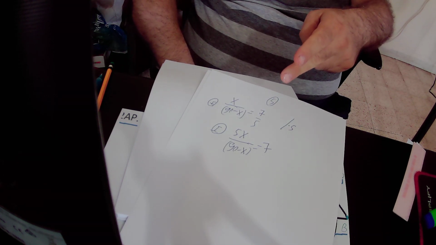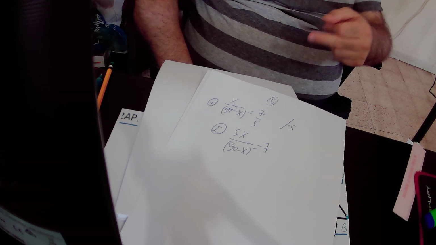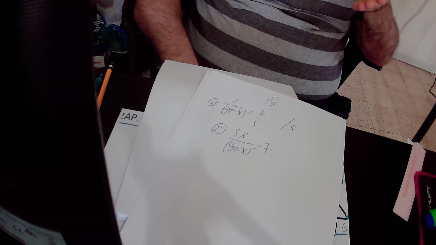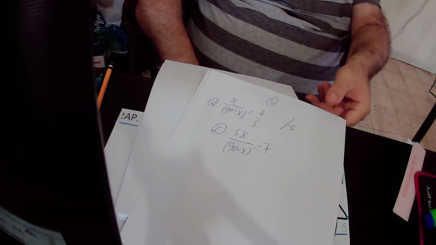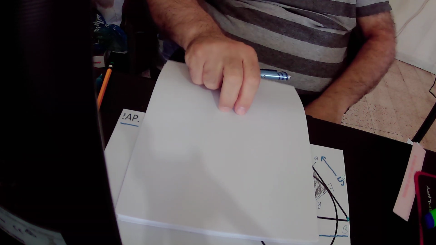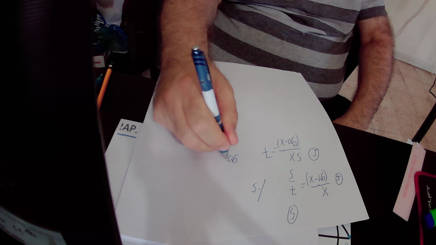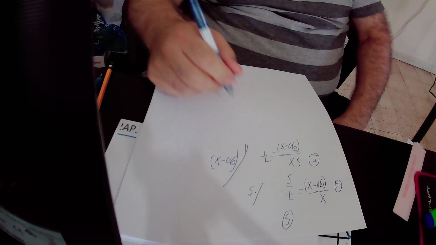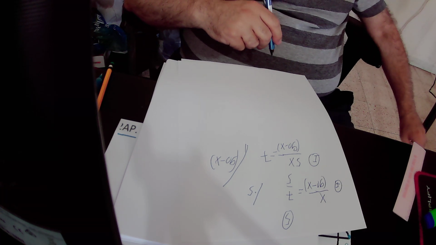So 7 divided by 5 times 5 equals 7, and x over 90 minus 6 times 5 equals 5x over 90 minus 6. Now we will multiply both sides of the equation by 90 minus 6.